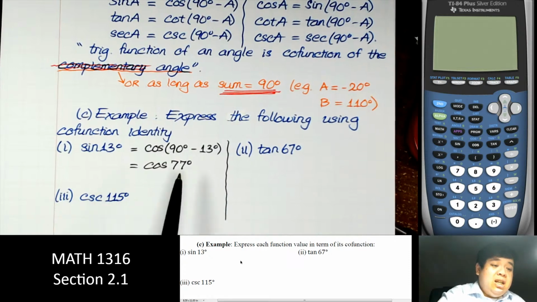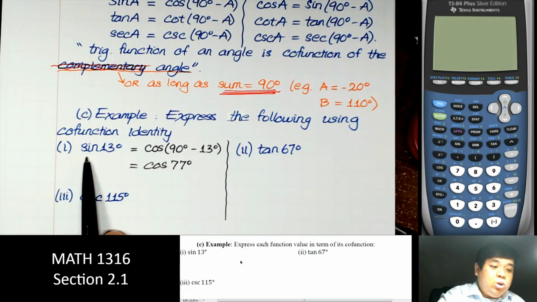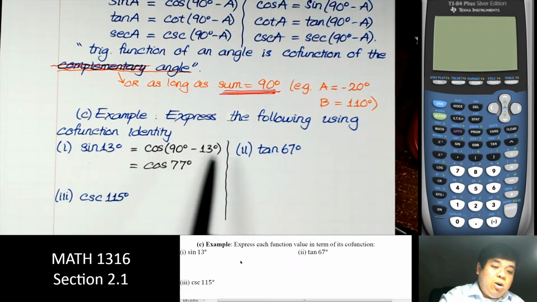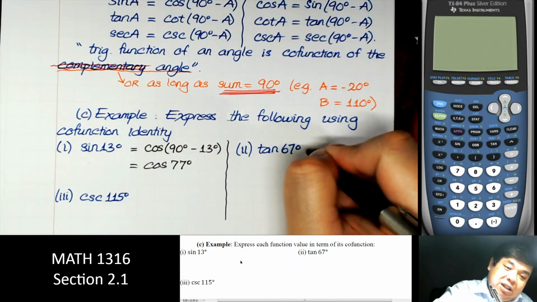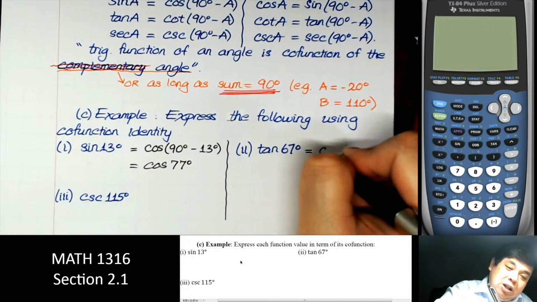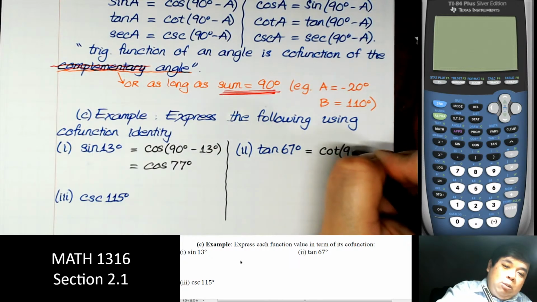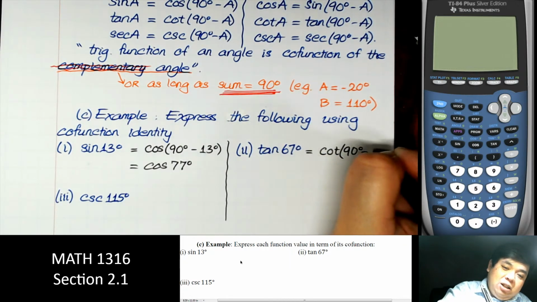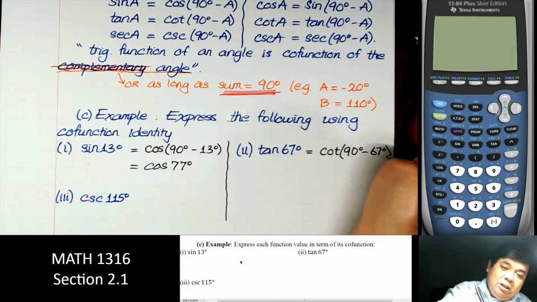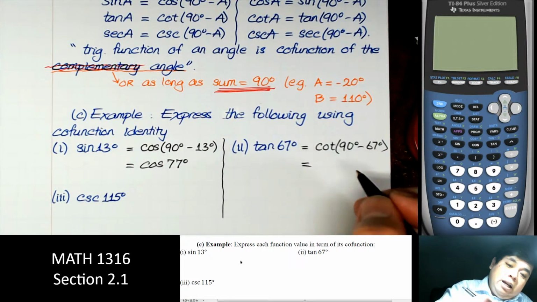But the key here is, if you want to go from a function to a cofunction, just subtract the angle from 90. So from tangent to the cofunction, we take 90 and subtract that original angle. And that is 23.